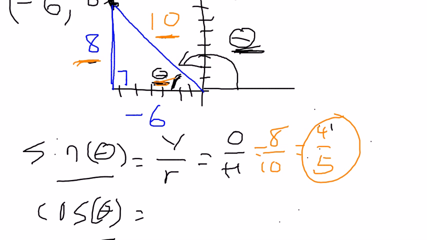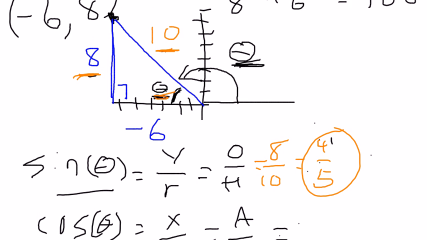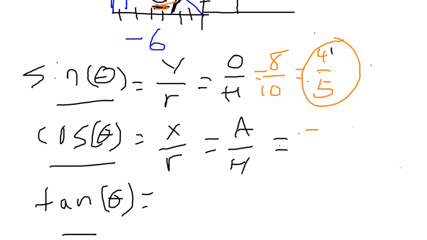Cosine is x over r, or adjacent over hypotenuse, which will be -6/10, and reduces to negative 3/5.